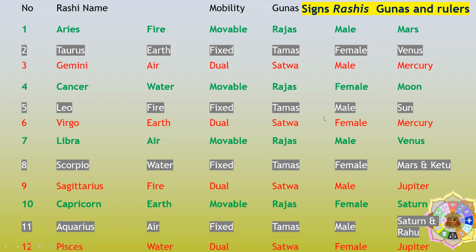Now again you would say, oh, it's Tamas, but it's ruled by the Sun. The Sun is a Sattvic Graha, but actually there is a distinction to be made. Leo is different from the Sun per se. The sign of Leo has the Guna of Tamas. Now you would ask, why would that be?